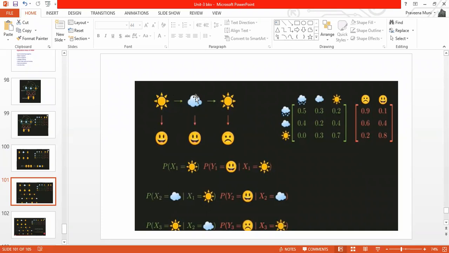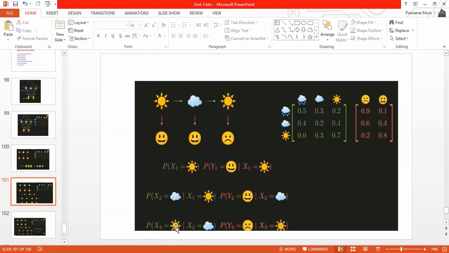and x2, the transition from the initial state to the next state. Here it changes from sunny to foggy. So what is the probability of getting foggy given that yesterday's weather is sunny? And what is the probability of happy given that today's weather is foggy? And what is the probability of transition from foggy to sunny?